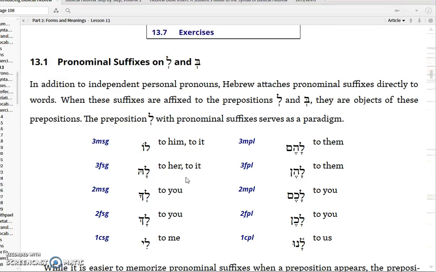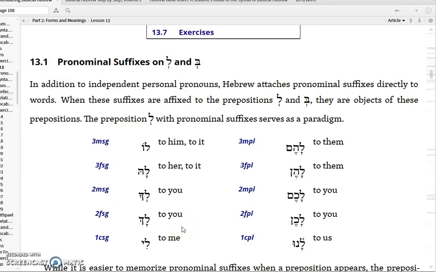And then you have lah with an aspirated hey at the end. That would be to her. The mapik in the hey indicates that it is pronounced as a consonant. And then to you is laka. That's to you masculine singular, second masculine singular form.